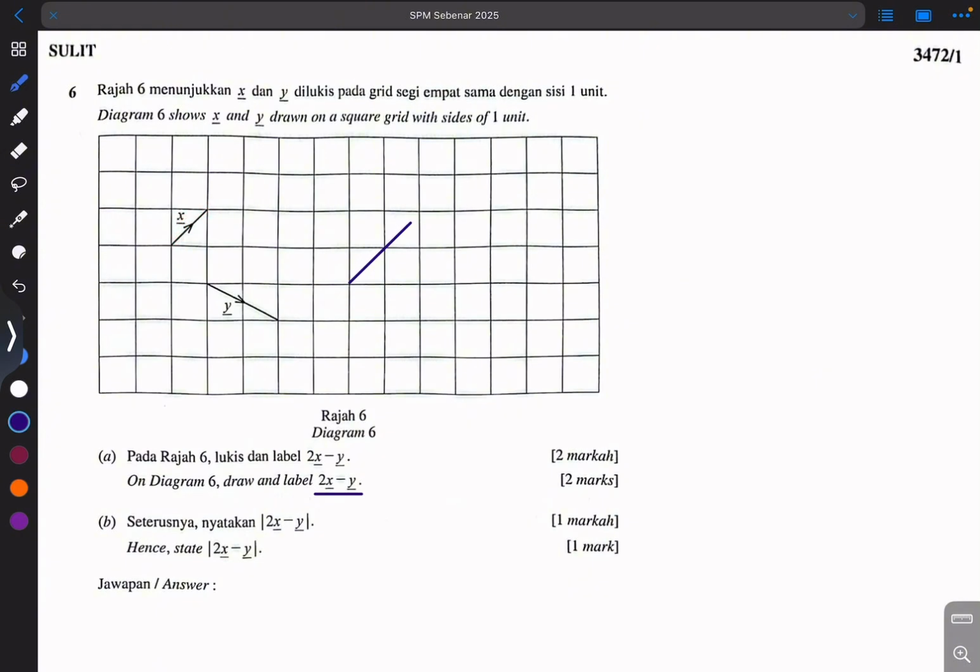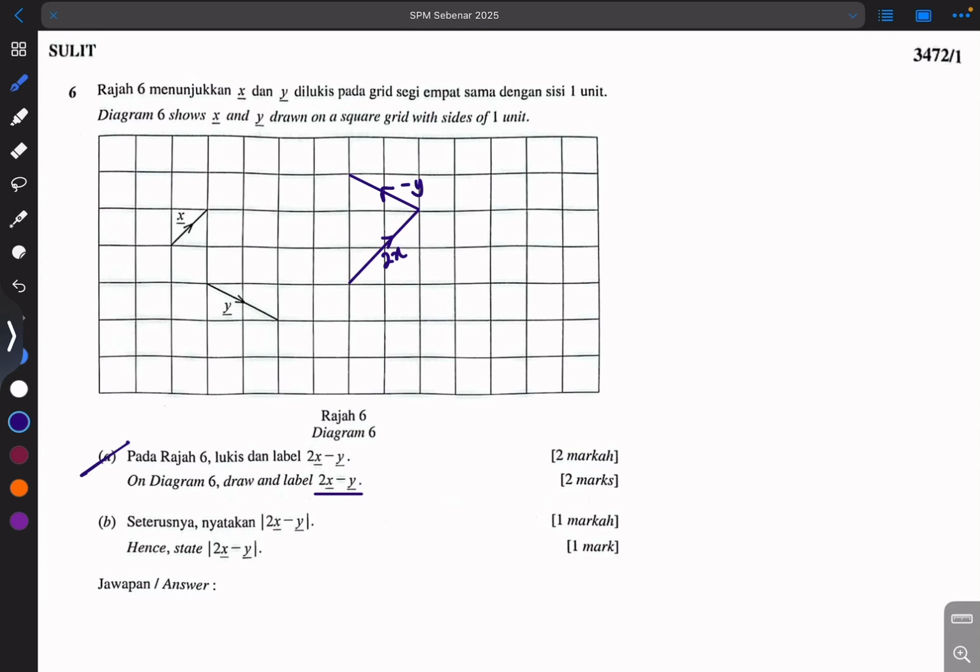This is x. 2x means twice lah. This will be 2x. And then y is going down here. So negative y would go in the opposite direction. So we draw here. This will be negative y. That's it. This is our answer for A.